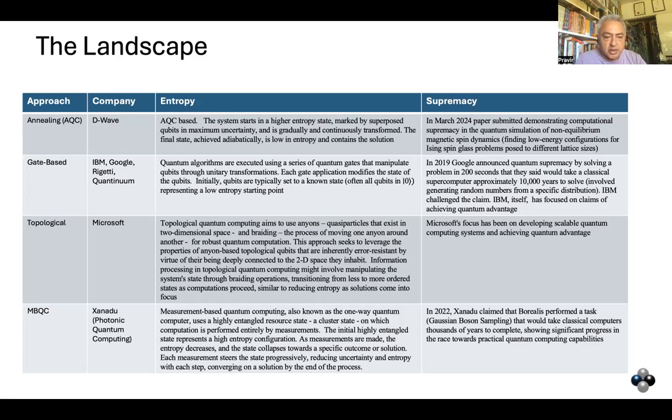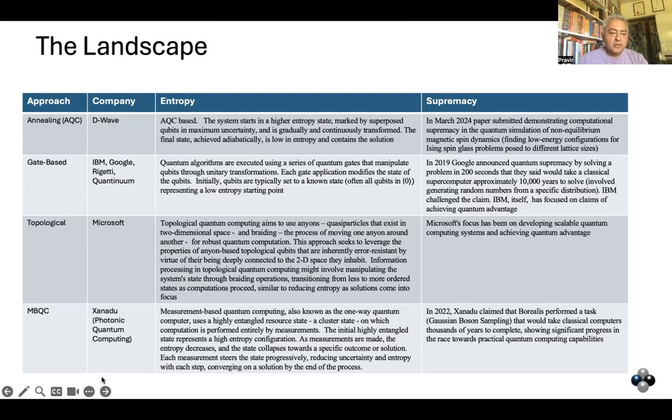Each time a measurement occurs, you get from all the possibilities of a solution toward a single solution. So again, here entropy is reduced through the process. And in 2022, Xanadu claimed that its computer Borealis performed a task, specifically Gaussian boson sampling, that would take a classical computer thousands of years to complete.